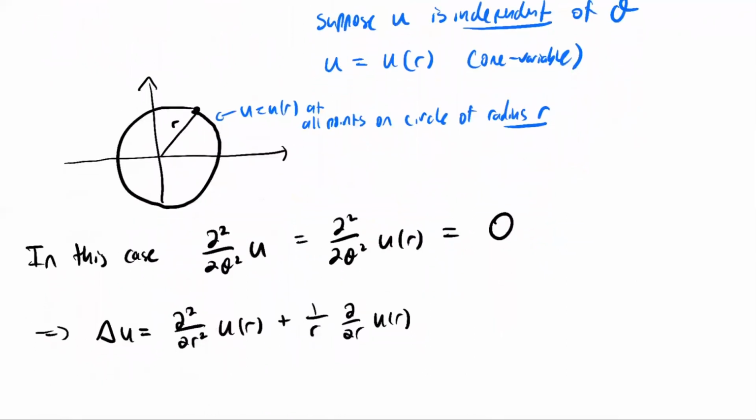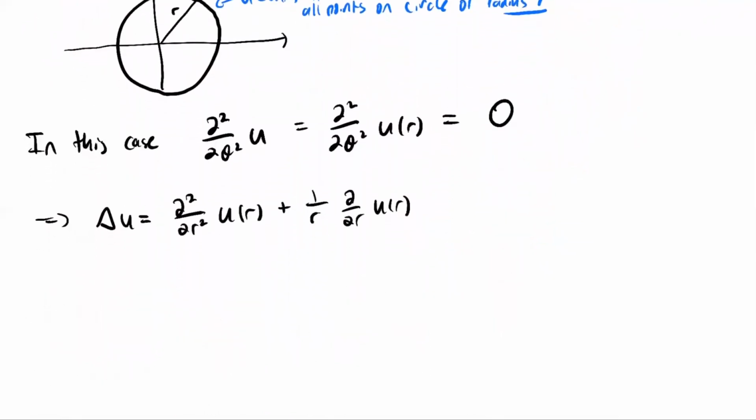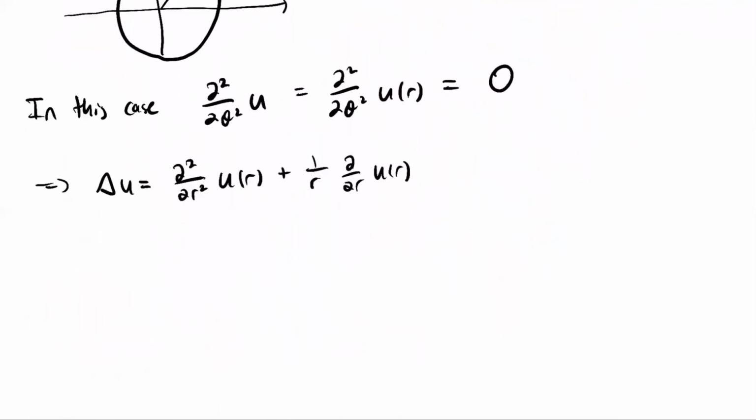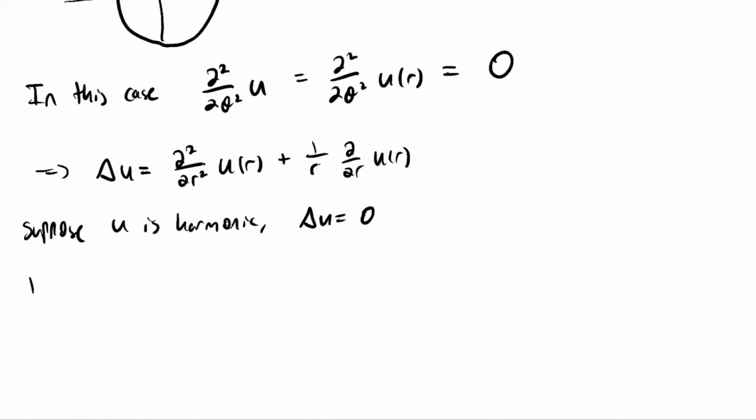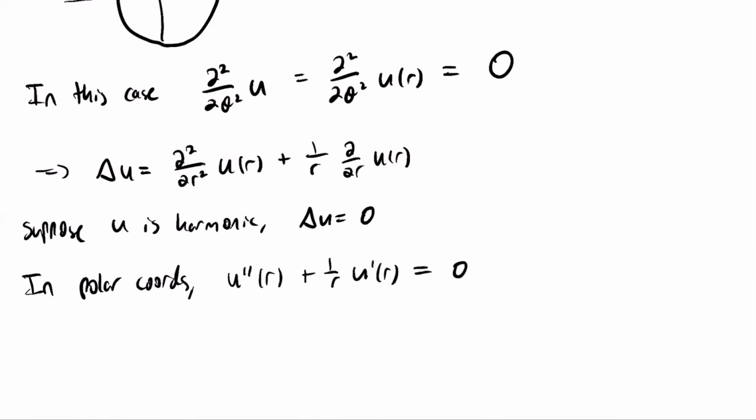And so let's solve the Laplace equation for this particular function. So suppose u is harmonic, meaning the Laplacian of u is equal to 0. Well, if I use polar coordinates, now u is just a function of r, so let me write this as u prime prime of r plus 1 over r times u prime of r is equal to 0.